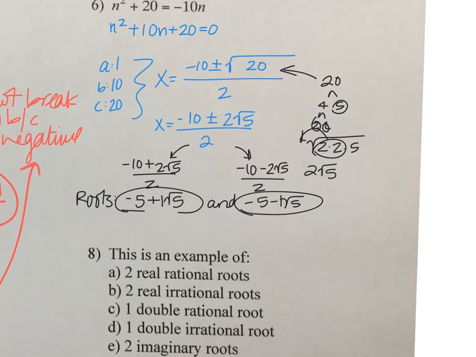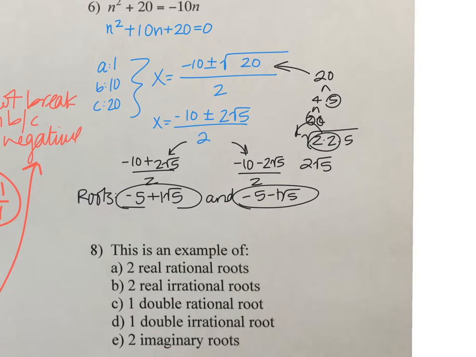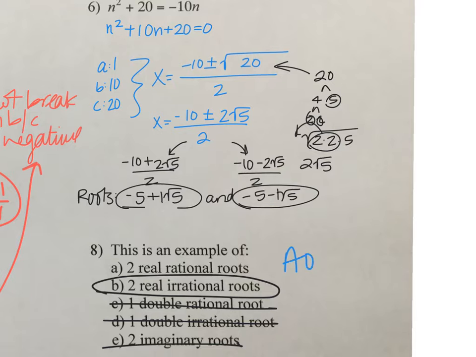And then when I go to describe my roots, I have real roots because 20 is a positive number. And then they're irrational because I've got the square root left. All right, last part, remember, is axis of symmetry, which is, if I look at my equation, that's -10 over 2. Which is -5.